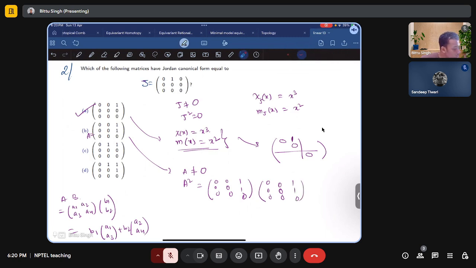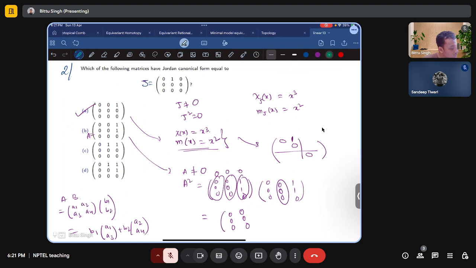The first column means a zero linear combination of these three columns. And what will be the second column? Zero linear combination means 0, 0, 0. So the second column contains 0, 0, 0. If you take 0 times the first column, 0 times the second column, 0 times the third column, it will become 0, 0, 0.